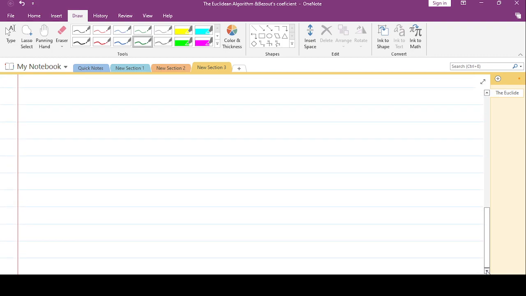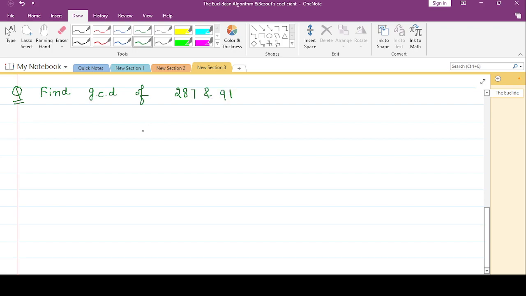Okay. So see the next problem. The next problem is this: find GCD of 287 and 91.